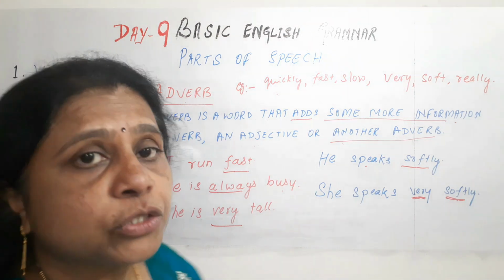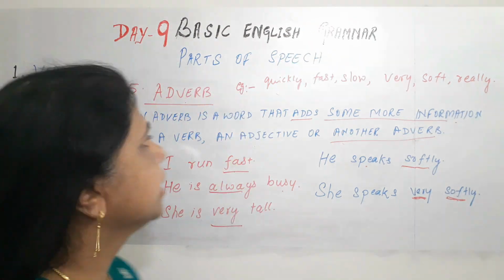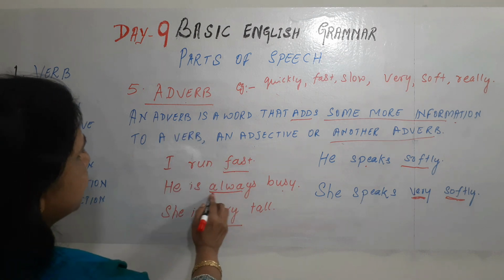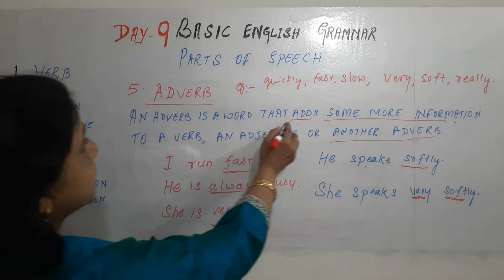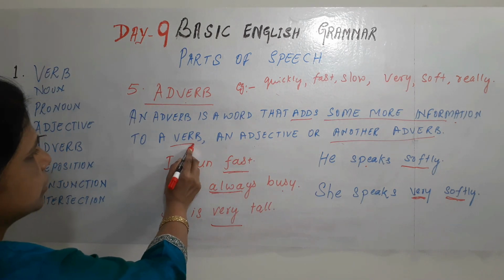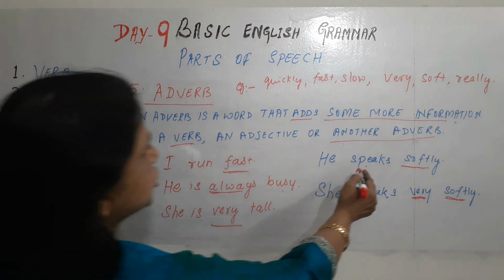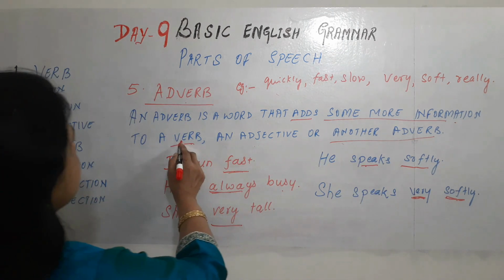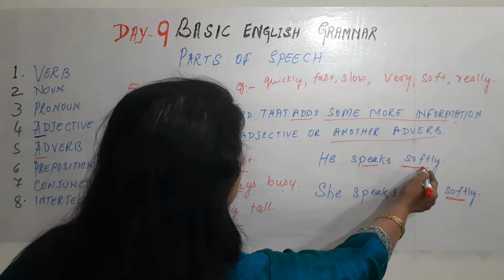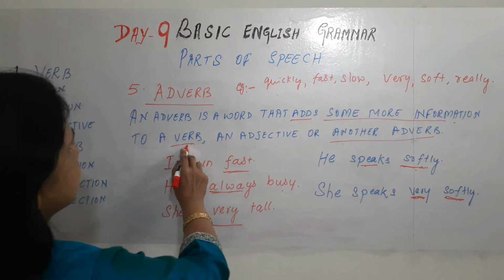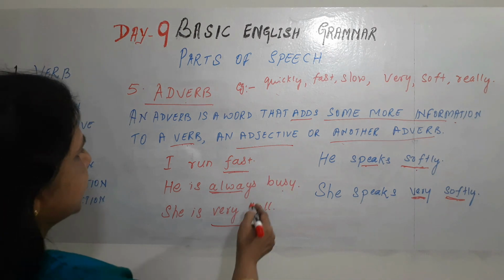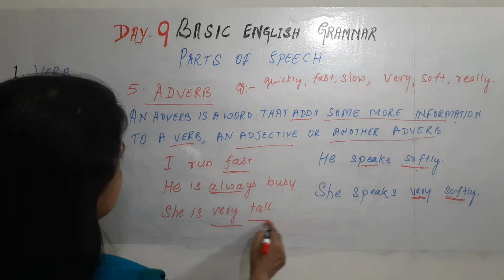Alright dear friends. So what we understood here is this is a word that adds some more information even to a verb. Here, speaking is a verb. So adding some more information to the verb, that is softly. And also for the adjective, here you can see the adjective tall.